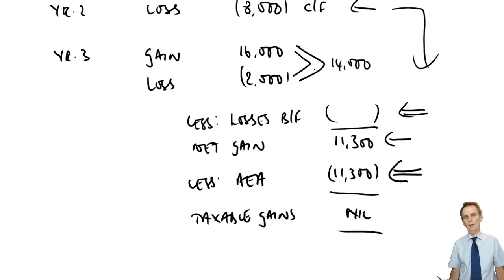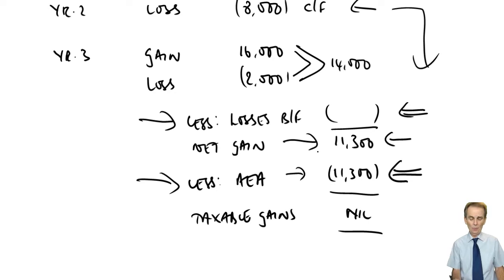But when you apply a loss brought forward, as you can see there, it is deducted before we deduct the AEA, so stick to this order of set-off, please. When you deduct the loss brought forward, you only have to use sufficient of that loss so as not to waste any of this AEA, i.e. to bring that net gain down to 11,300.